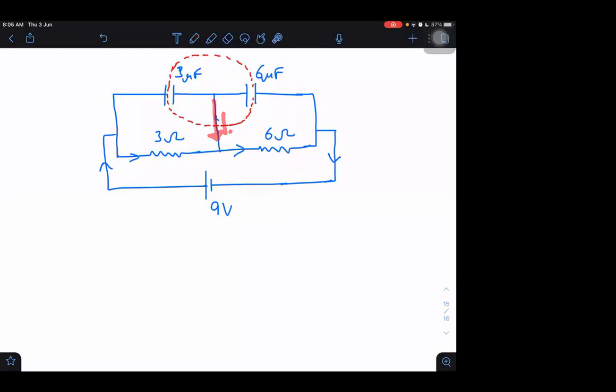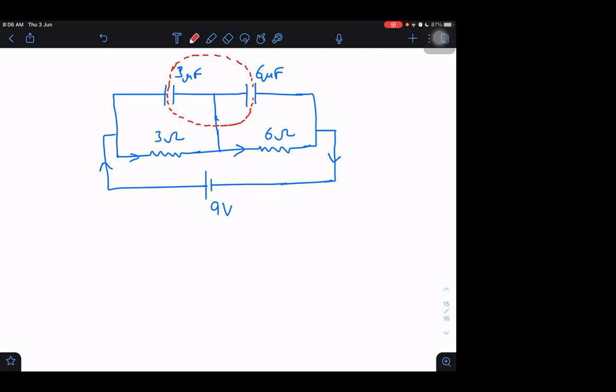If it is still flowing, it means the process has not ended yet. So I have to go up to the last of the process, when the charge, whatever has gone or whatever has to come, that has come, or whatever has to go, that has gone. Final state is already achieved, obviously.